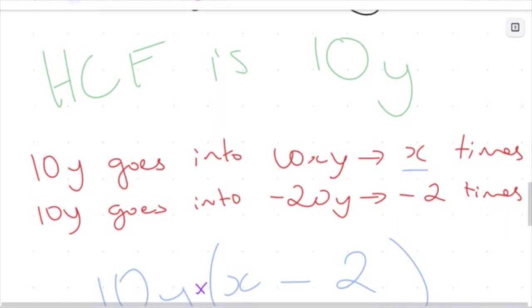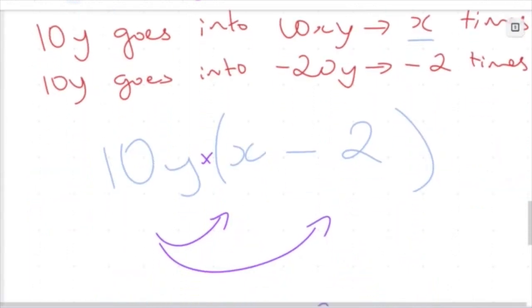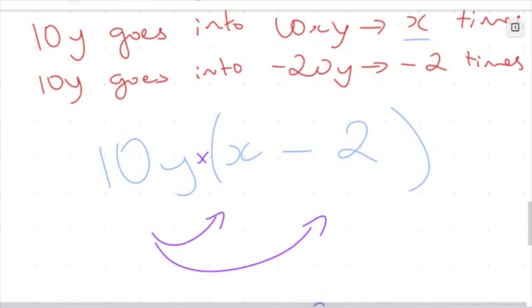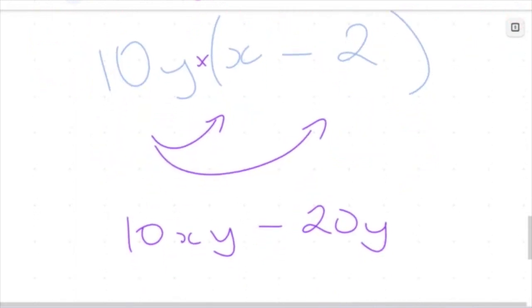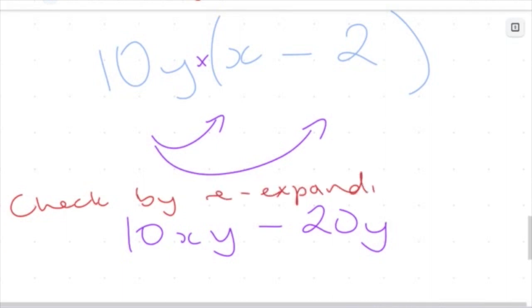And once I find how many times, these two things, x and negative 2, end up being my terms in the brackets. And 10y is what gets pulled out. That's the highest common factor. And we can check this by re-expanding. We can always check by re-expanding. And if we get my original expression back, we have done it right.